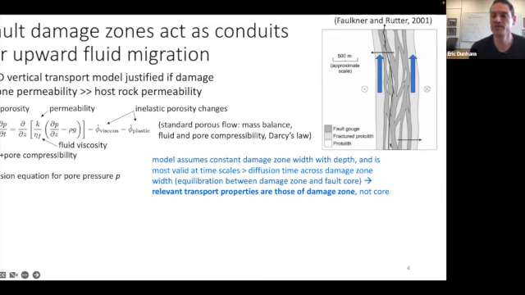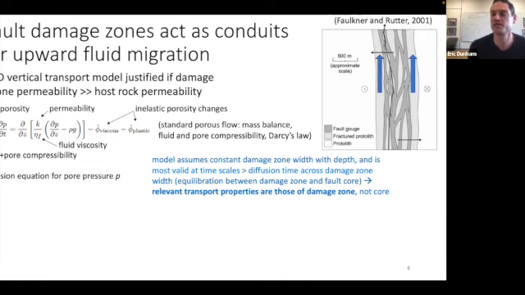It's really key when doing these problems to think about what the structure of the fault zone is. Is slip highly localized in a low permeability, low fluid storage region, and then a lot of the transport, at least along the fault, happens in a fault damage zone that has higher permeability and higher storage capacity? If it's that latter picture, then the relevant fluid transport properties, at least when modeling over longer timescales, are those of the damage zone.